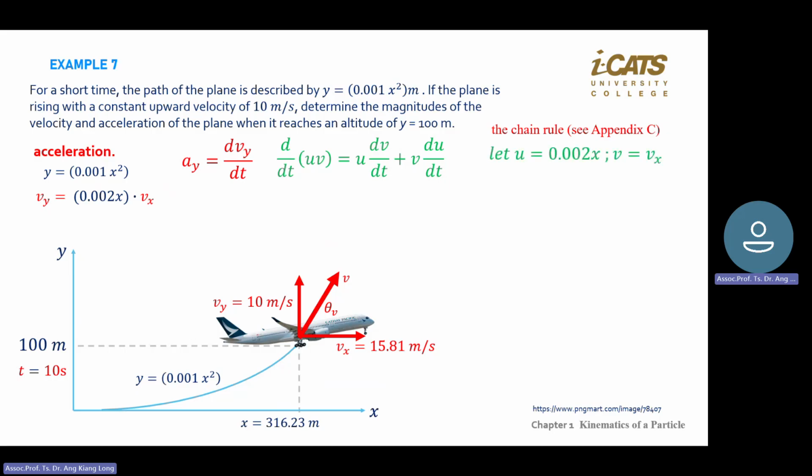So you let your u be this one. Sorry, this one. Because you're finding the acceleration, so you use the acceleration velocity equation. So this is your u, this is your v. Right? So substitute and run the chain rule calculation.